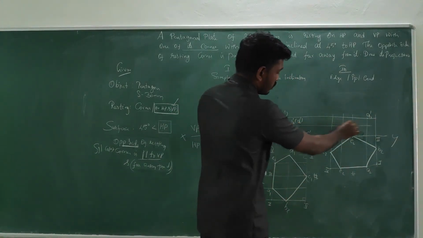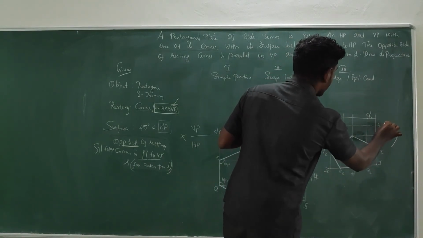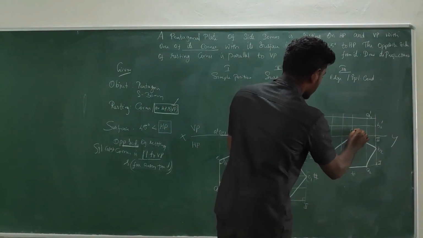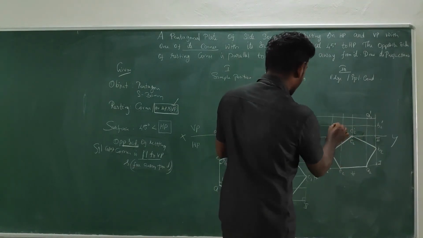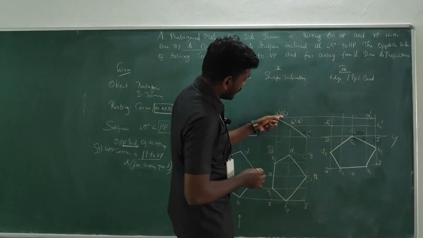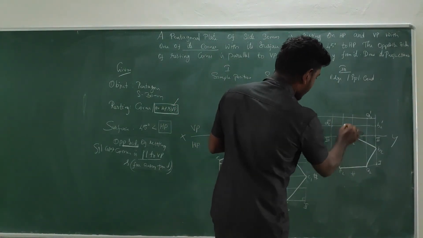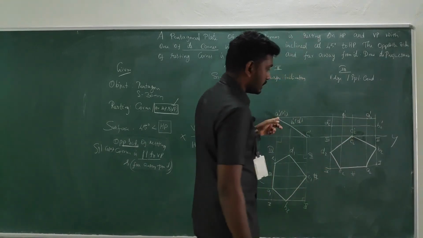Where is B? Horizontal, and here is the B. So this would be your B2 dash. Where is C? Horizontal, and here is the C. So C2 dash. D horizontal is coming here, and D vertical. So this meeting point is D2 dash. And here is E, and where is the vertical one? So here it is meeting, E2 dash.